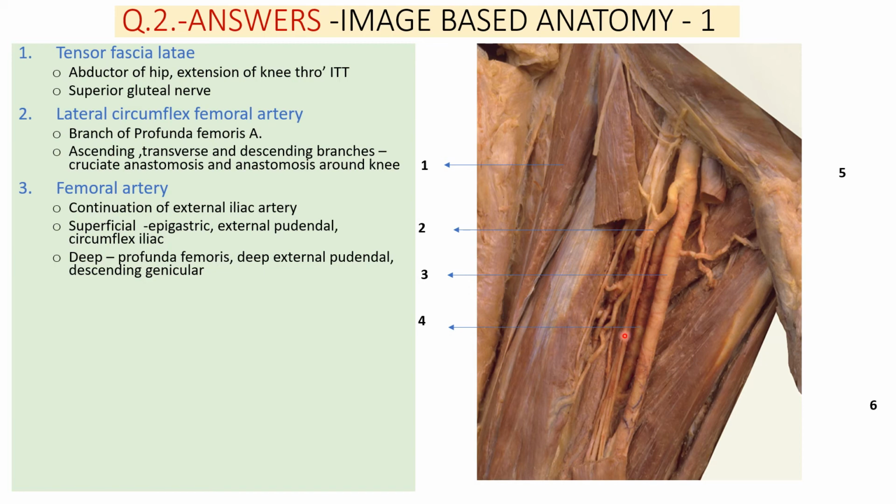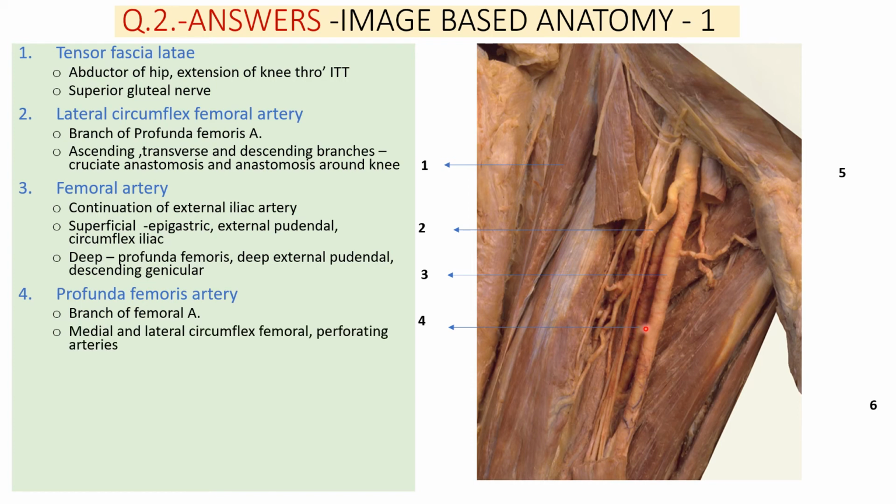Coming to the fourth one, it is also an artery. Now you are in a position to answer this. So this is the profunda femoris artery, and it is a branch of femoral artery, and it will give the medial and lateral circumflex femoral arteries. Medial and lateral circumflex, but here both are arising from the femoral artery. Then additionally there will be the perforating arteries.